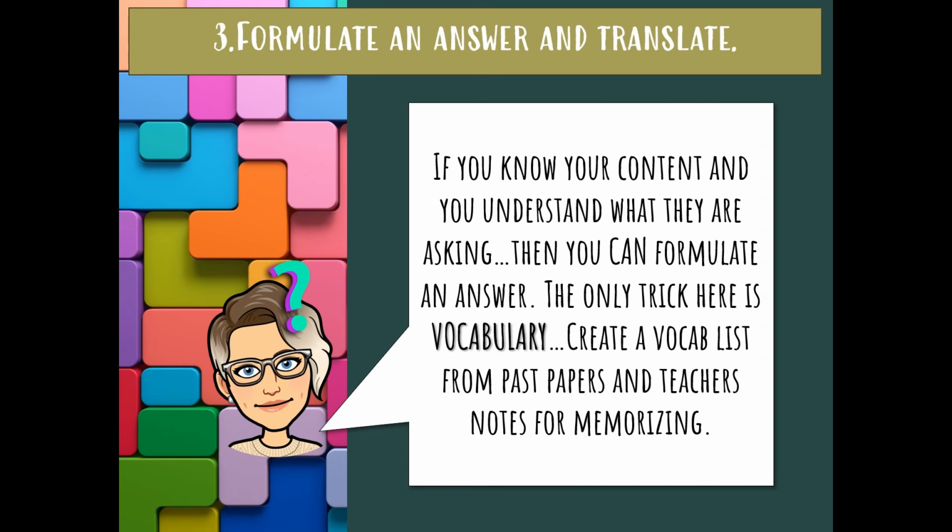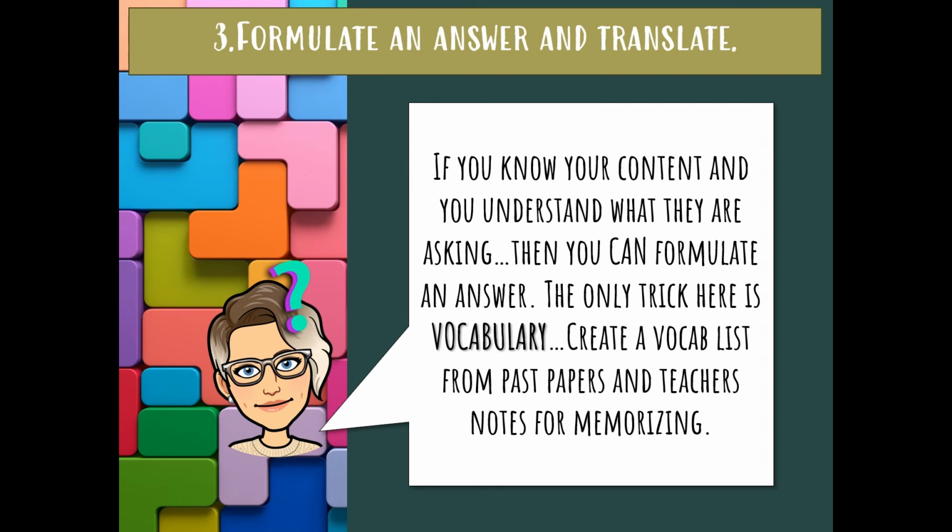Now, I would normally say I cannot help you with vocabulary. This is your job, and it's true. You need to use what you've got. So I would suggest you create a vocab list. Use past papers, use teachers' notes, write down words that you might need to know. Like, for example, in Afrikaans, you might need to use the word identity often through answering the question paper.